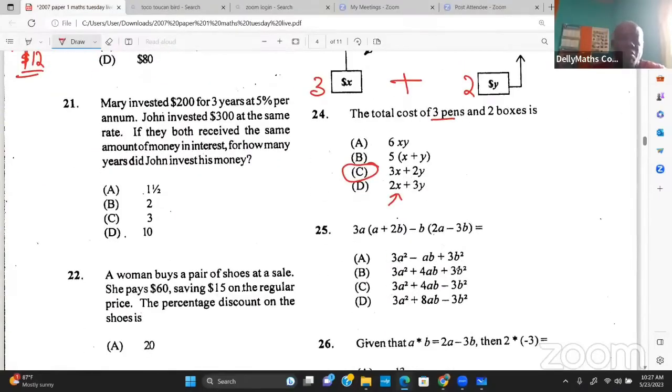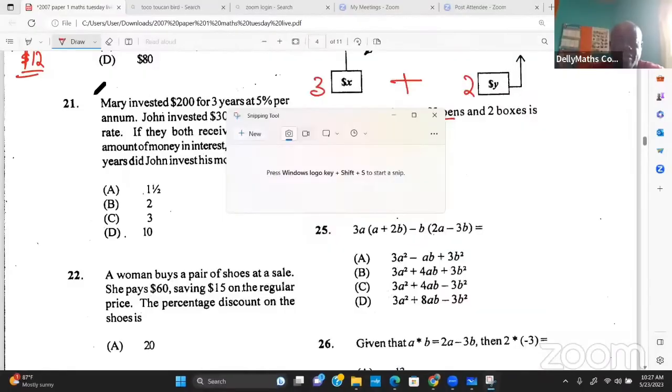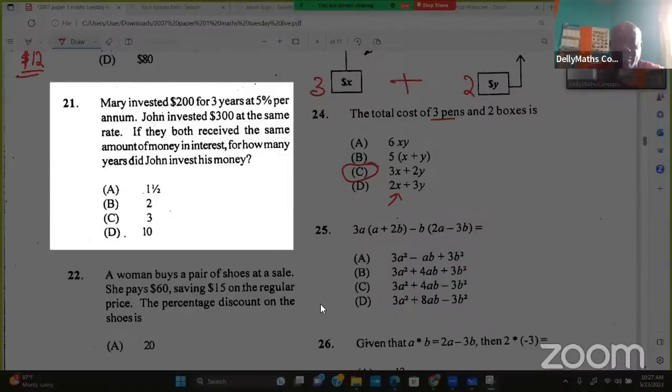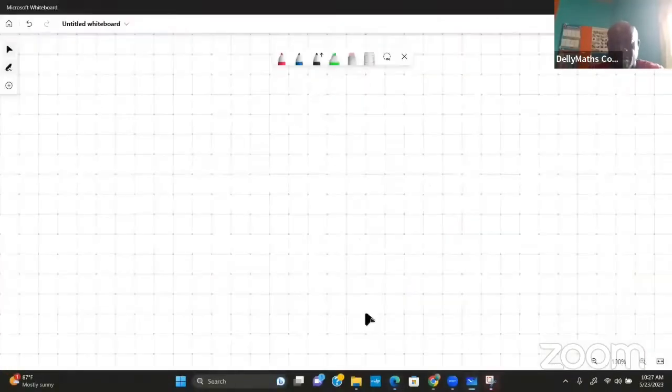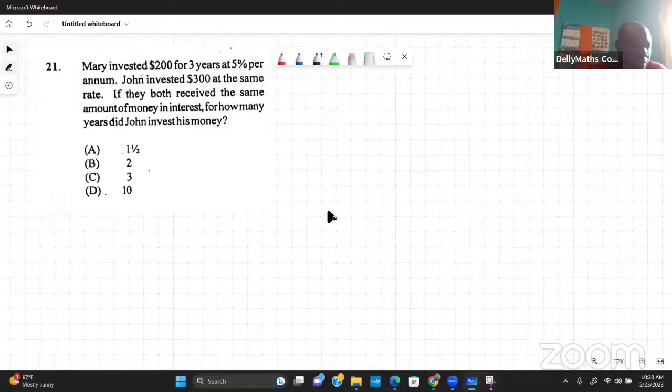21. Mary invested. I might need a little space. All right, I just wanted some space to work.